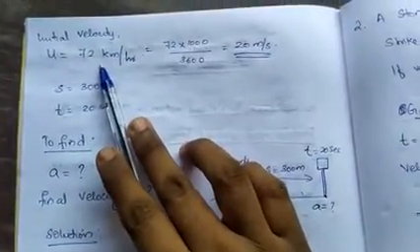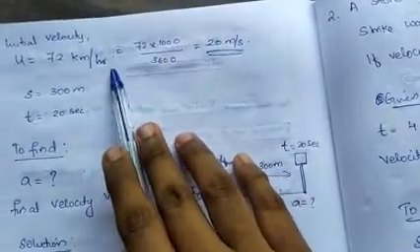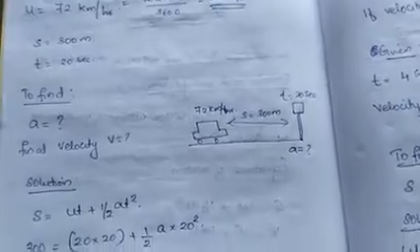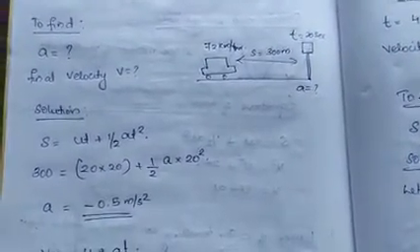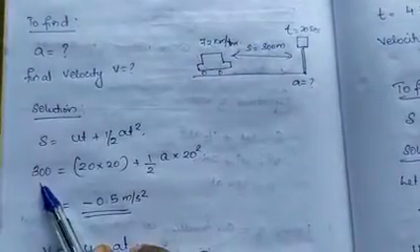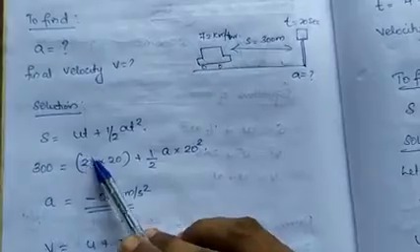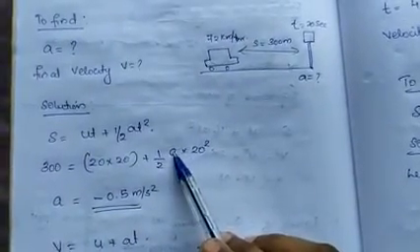Since this is given as 72 km per hour, you need to change it into meter per second, multiply by 1000 by 3600, right? Now s is equal to ut plus half at square. 300 is the distance, initial velocity you know, time you know, acceleration you don't know.